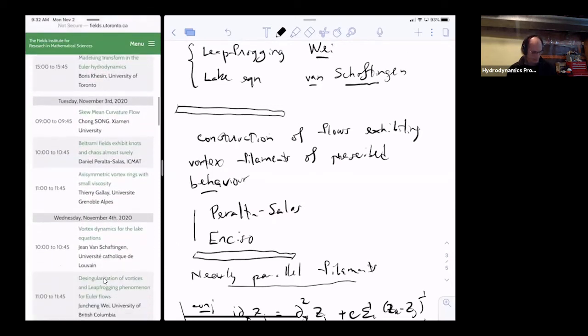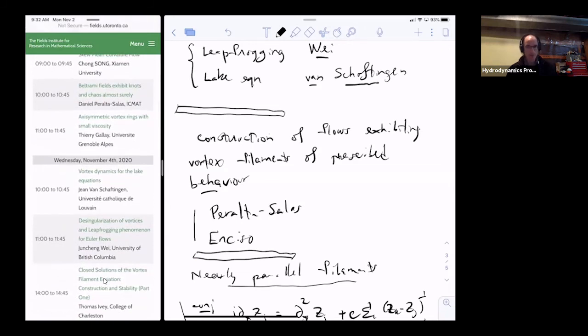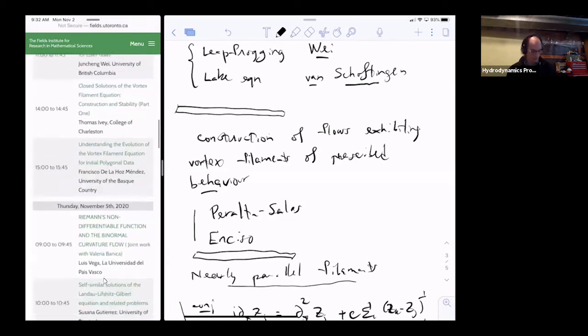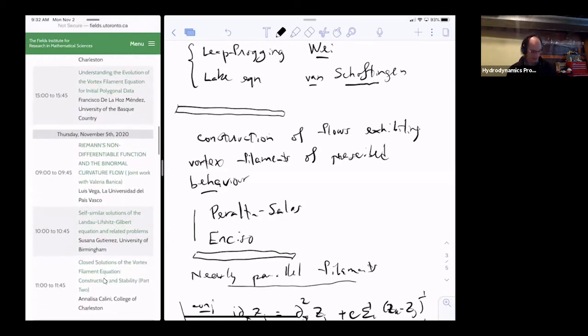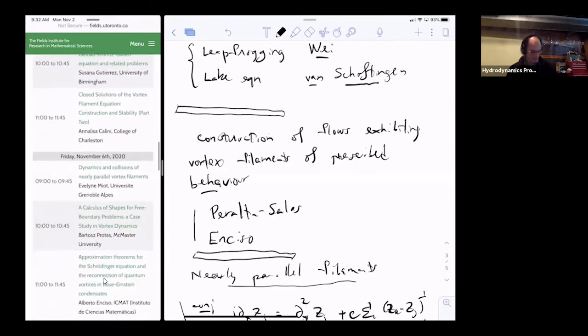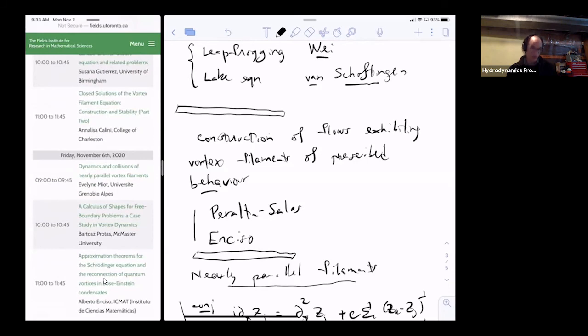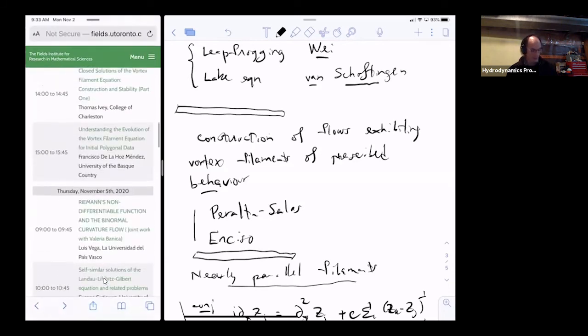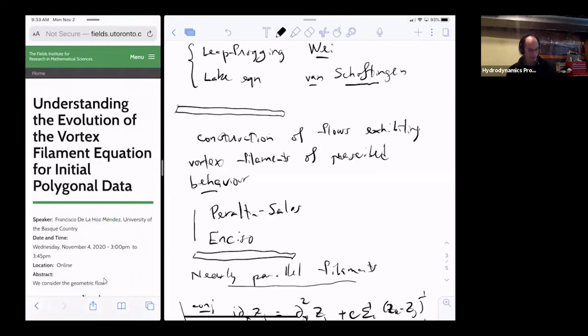Any of these could be presented in such a way as to make it not comprehensible to non-experts. The talk of de la Hoz is likely to have pictures and numerics. I mean, these guys, they're very interesting conjectures.